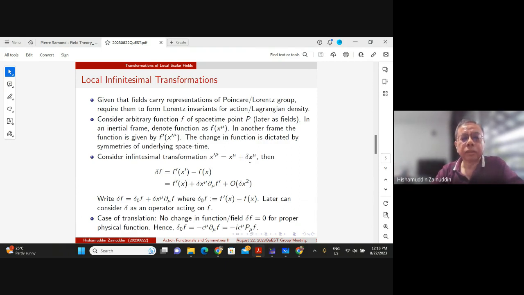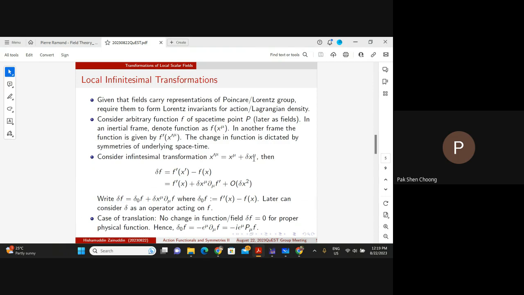That is the space-time coordinate, but then one needs to understand what happens to the fields or functions themselves. The change in the function will involve not just the change in coordinates, but also the change in the form of the functionals that appear. Then one could start plugging your x dash into this f dash. I hope you can see my pointer here.